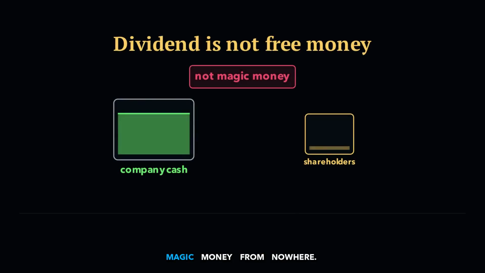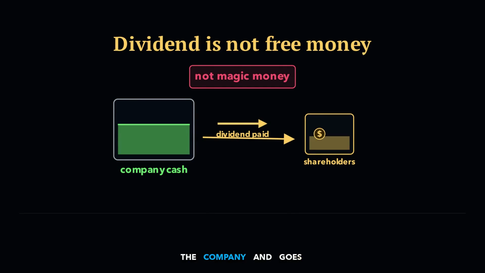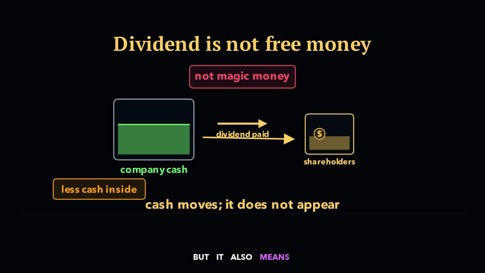One more beginner trap. A dividend is not magic money from nowhere. When a company pays a dividend, cash leaves the company and goes to shareholders. That can be good. It can reward owners. It can show that the business produces more cash than it needs, but it also means the company has less cash inside the business after the payment. So dividend yield is only one piece of the picture.